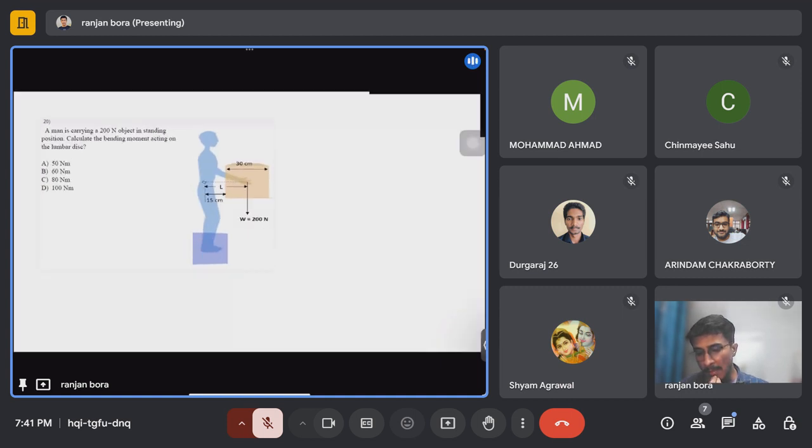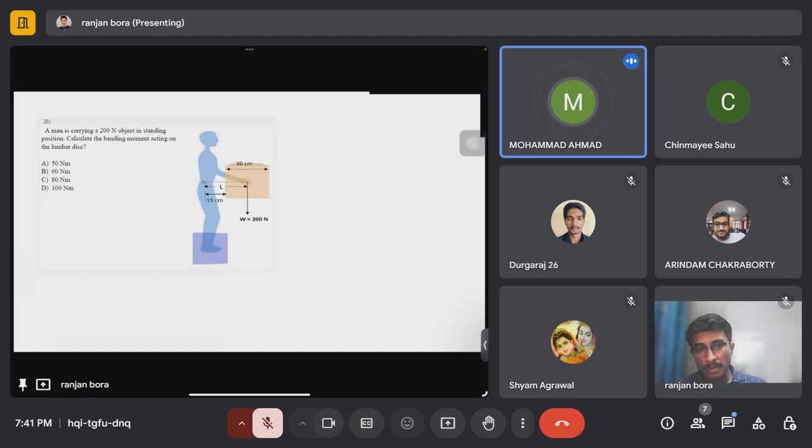This question: a man is carrying a 200 Newton object in standing position. Calculate the bending moment acting on the lumbar disc. What is the answer? 60.